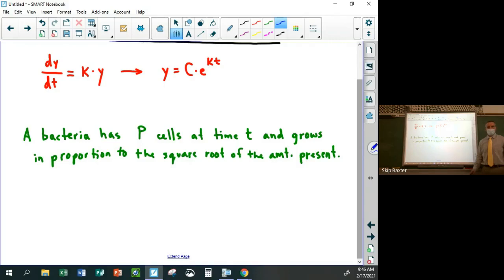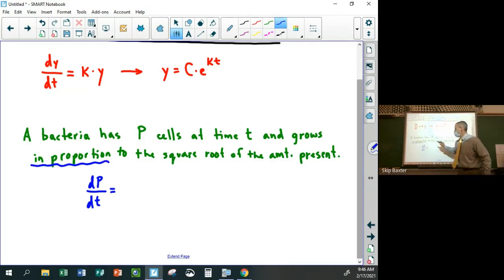If they said there's multiple choice, which of the following differential equations corresponds to this situation? dP/dt equals square root of t? Close. It would be a constant times radical P. So this would be the differential equation you would solve.